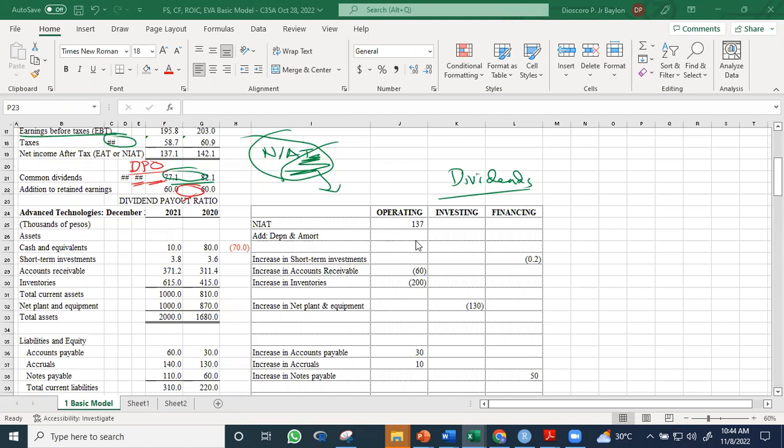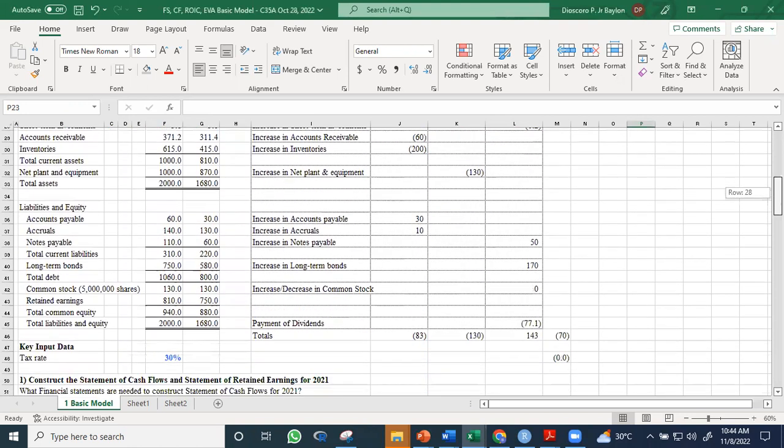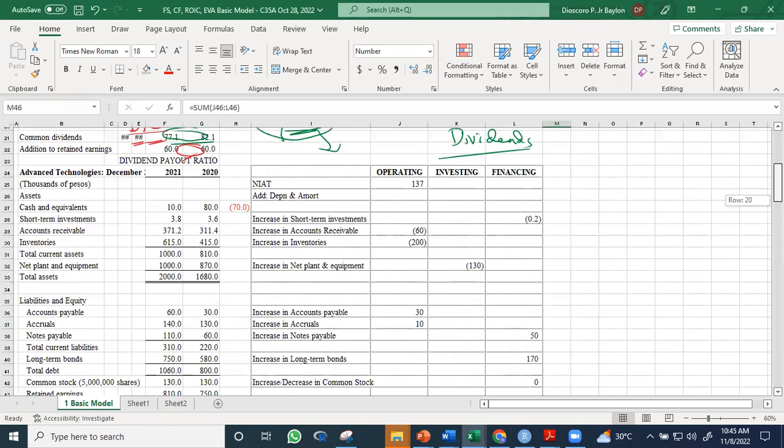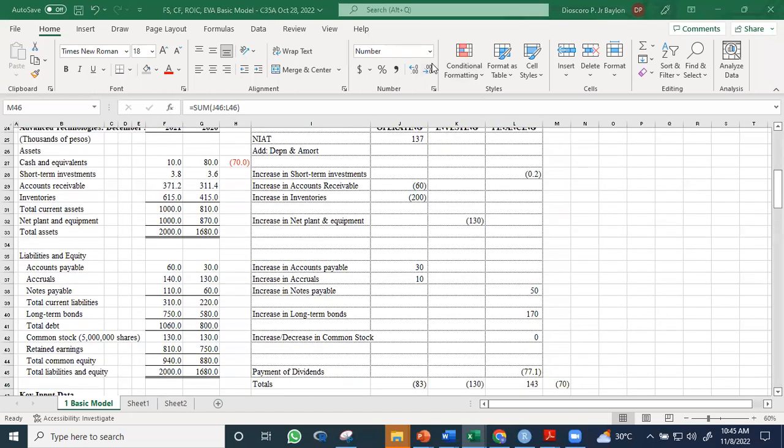So when we removed it, then we now have a correct balance here, negative 70, which now agrees with this one. Okay, kindly chat, please. If it's a yes or no, it's almost time. I have only a minute. Okay, good. Thank you for your answers. Okay, so this is now our pro forma template.